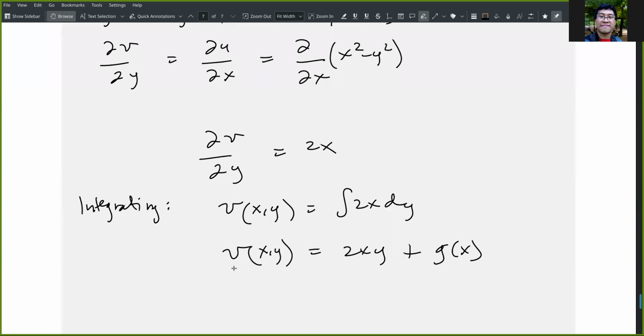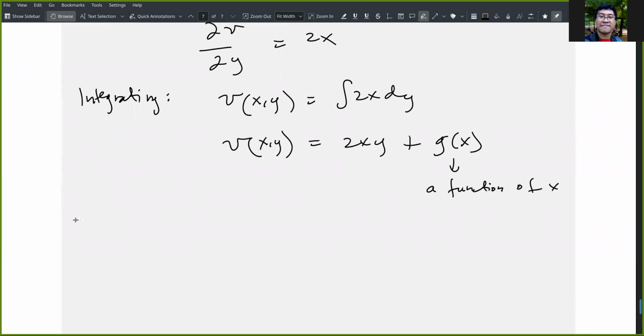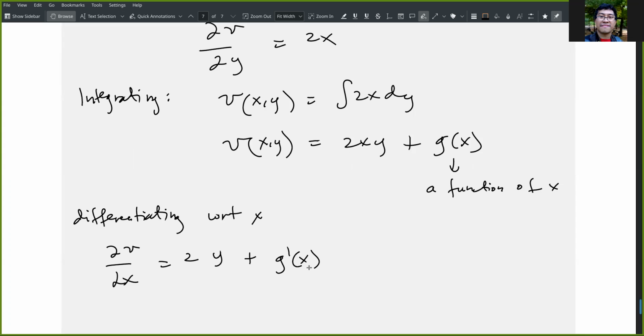If we take the partial derivative, we should get back 2x. So g(x) here is only a function of x. Differentiating once again with respect to x, you have partial v with respect to x equals 2y plus g prime of x.